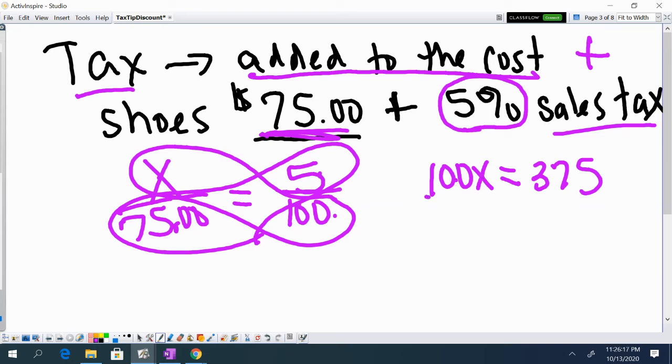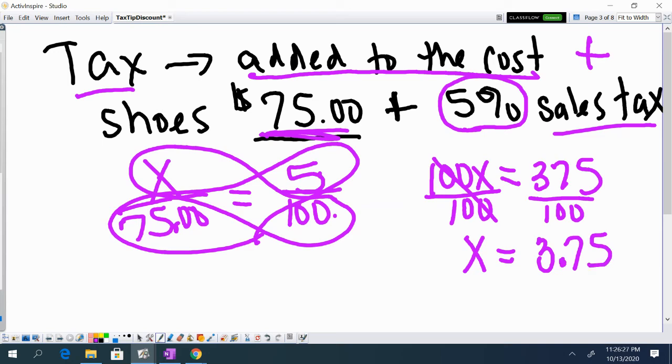Now, one-step equation, I have to divide by 100. Those cancel out. If I put that in my calculator, this is my sales tax. It's $3.75.